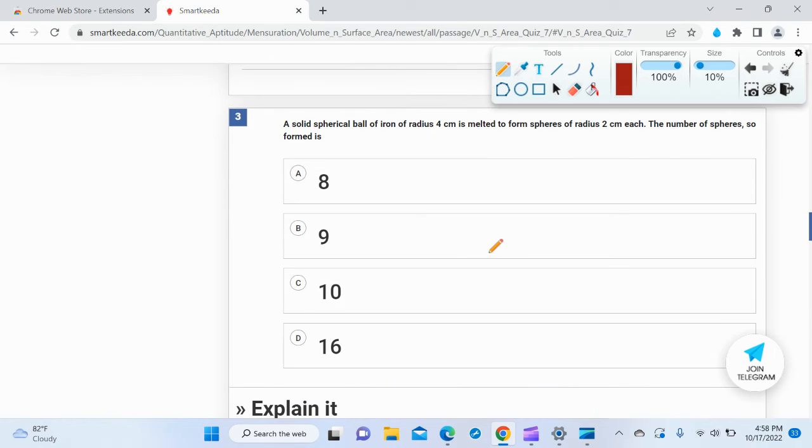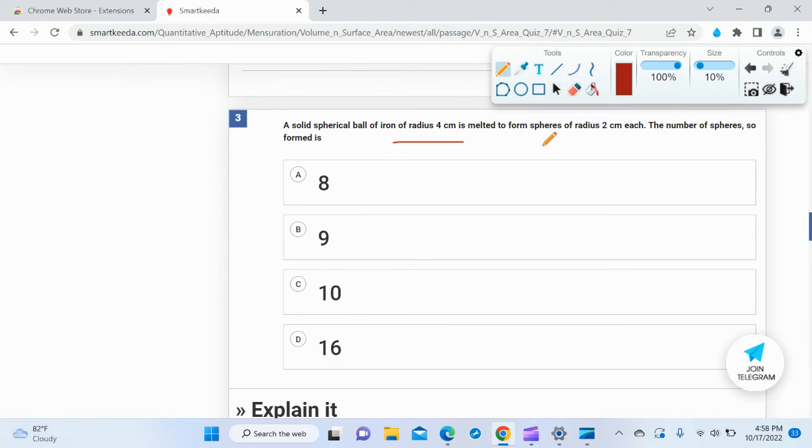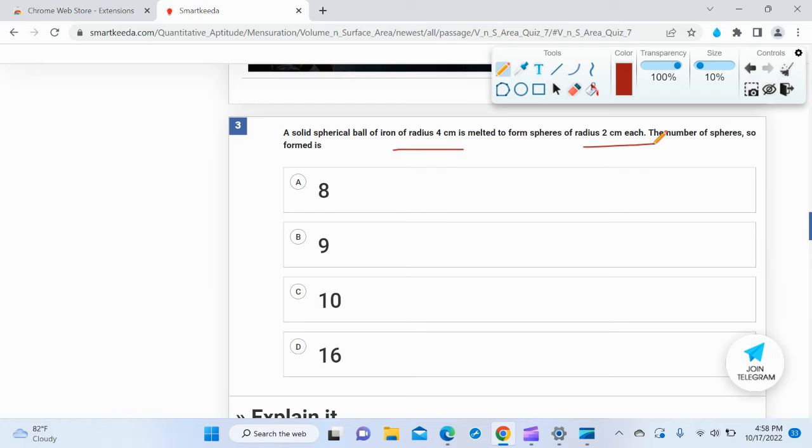Suppose a solid spherical ball of iron with a radius of 4 centimeter is melted to form spheres of radius 2 centimeter. Find the number of spheres so formed. So basically, suppose you have been given a steel ball or some solid ball, and the ball has a radius of 4 centimeter, and someone asks to melt it and create balls with a radius of 2 centimeter.